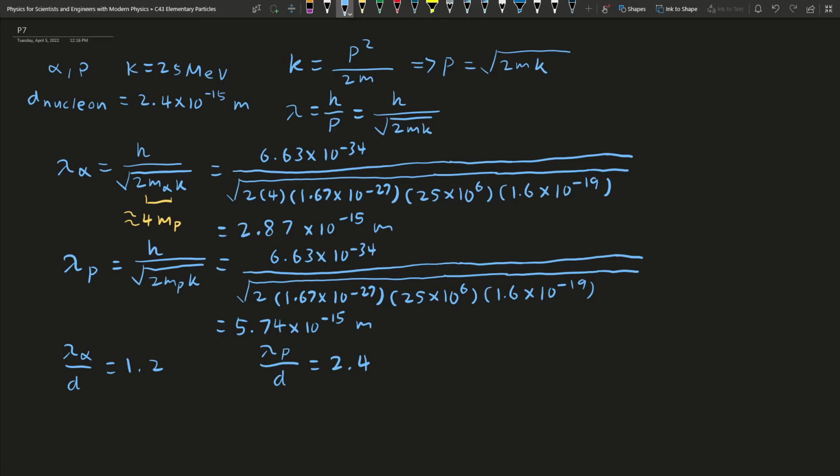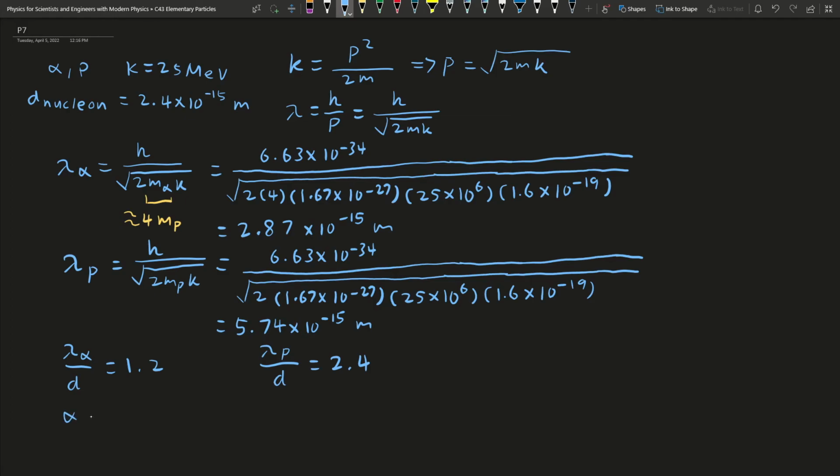Now you can see that the wavelength of the alpha particle is closer to the diameter of a nucleon compared to the wavelength of the proton.